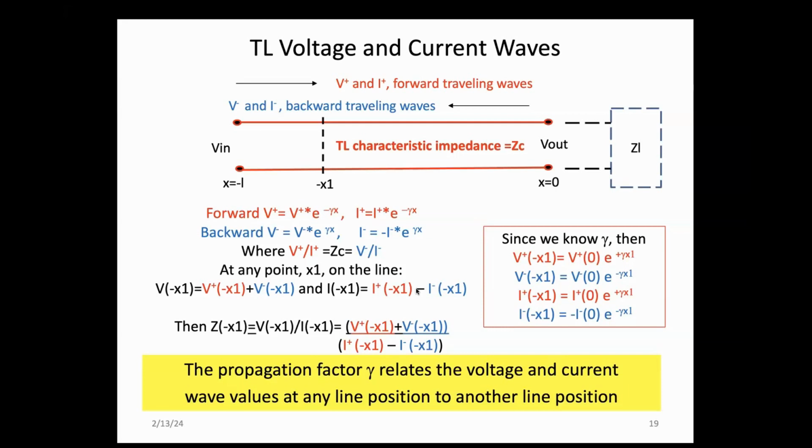We also can evaluate the impedance at this point as the ratio of V to I, and in terms of the forward and reverse traveling waves, we obtain that expression. So it allows us to relate voltage and current waves at any line position to another line position, and we can evaluate impedance. Next slide, please.